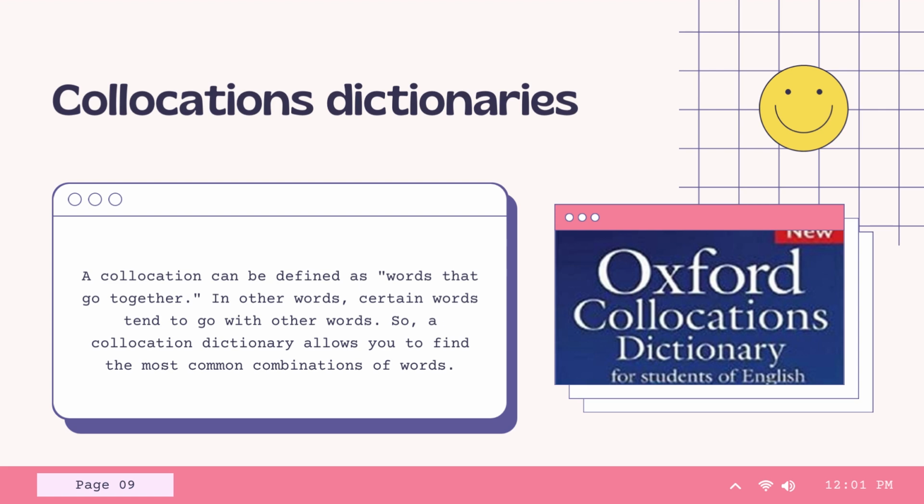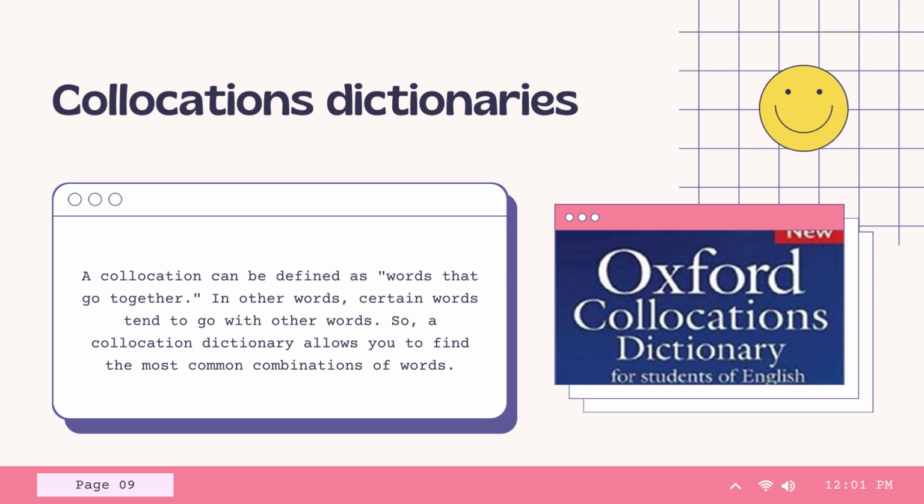Now we have collocation dictionaries. In this case, we can first define what a collocation is. A collocation can be defined as words that go together. In other words, certain words tend to go with other words. So a collocation dictionary allows you as a reader to find the most common combinations of words.